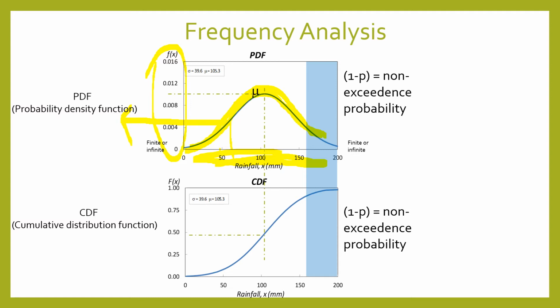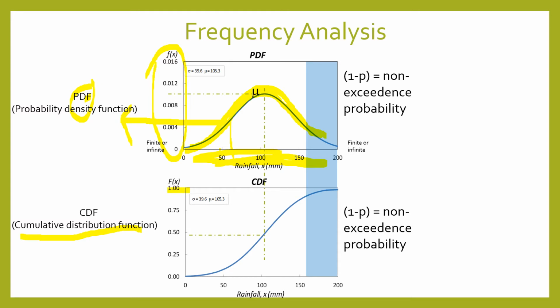The other one, which is also important, is the cumulative distribution function. Cumulative means it just adds up the PDF. It's a cumulative of the PDF. That's why for the CDF the highest value is 1.